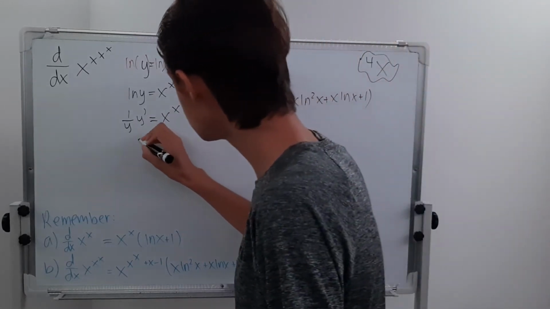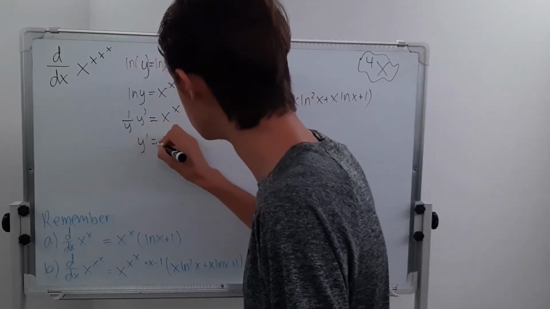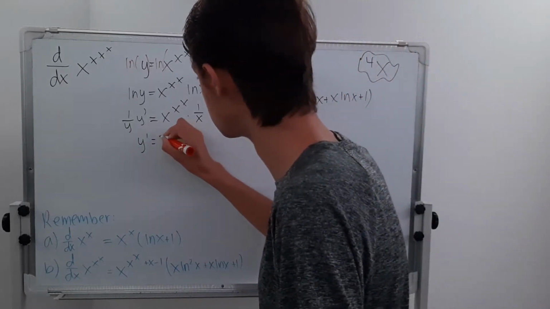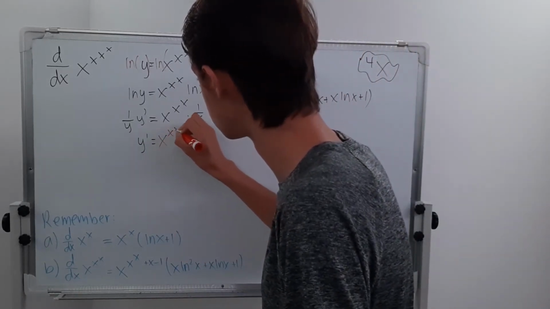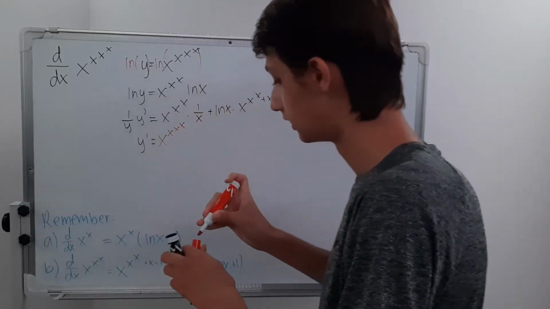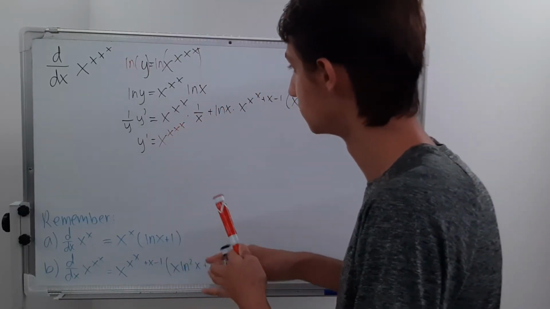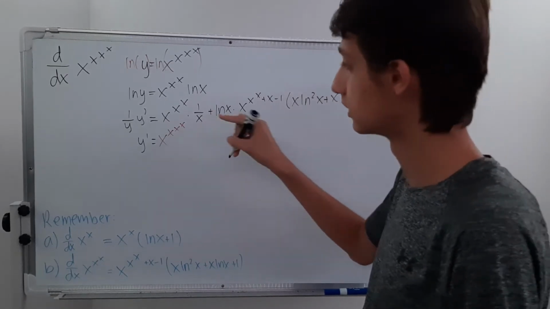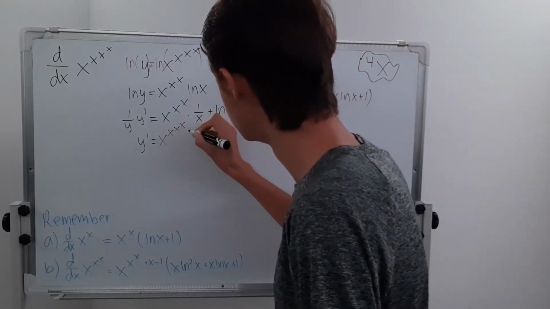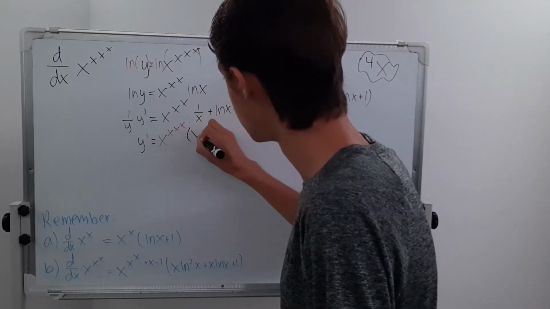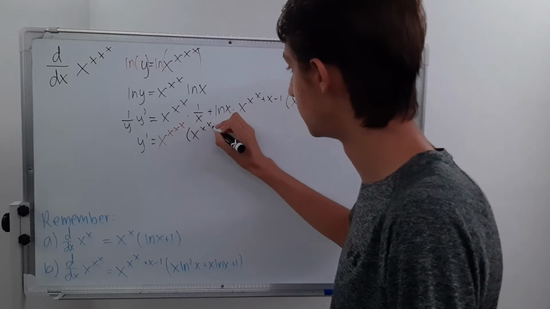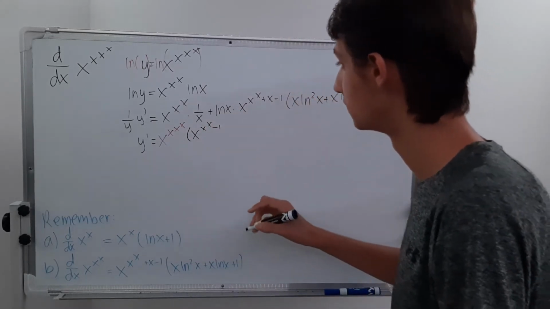So y prime by itself is equal to x to the x to the x to the x. Now we can multiply this. This is just x to the negative 1, that's just what 1 over x is. So we have x to the x, and then this minus 1 since we're multiplying by it.